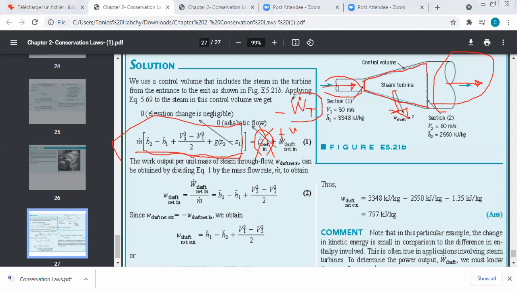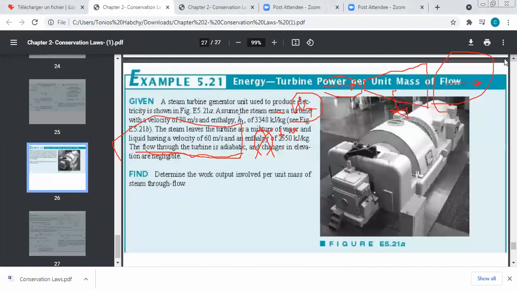Okay. Now, what we will do is just replace the values. We have first H2 and H1, which are given. Here we are working in SI units because they gave us the values of H1 and H2 in kilojoule per kilogram, and our velocities will be in meter per second.